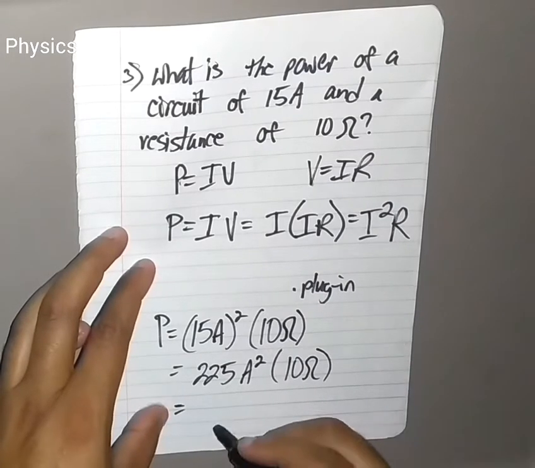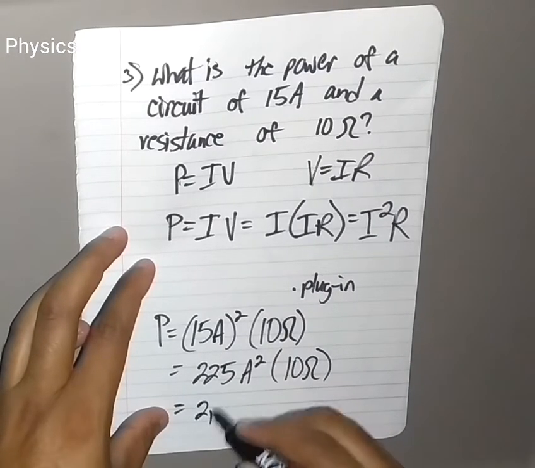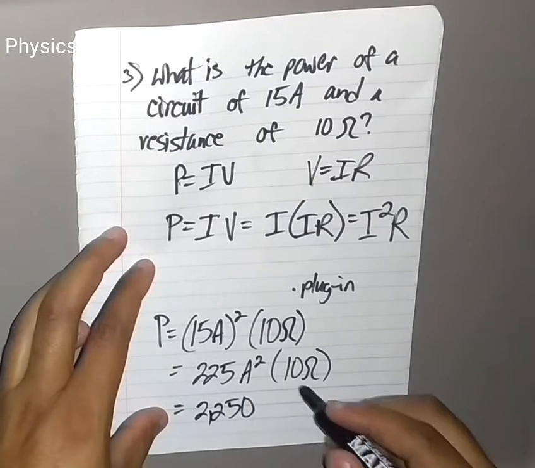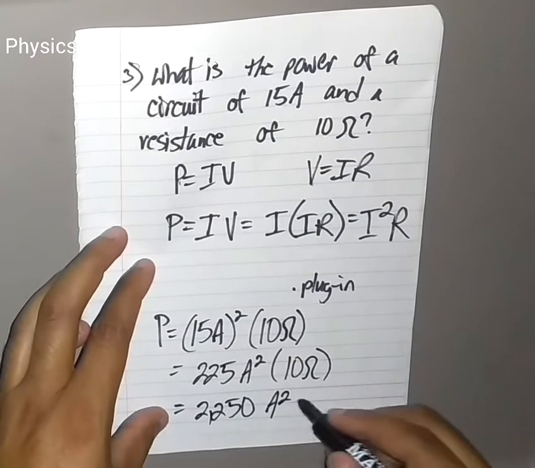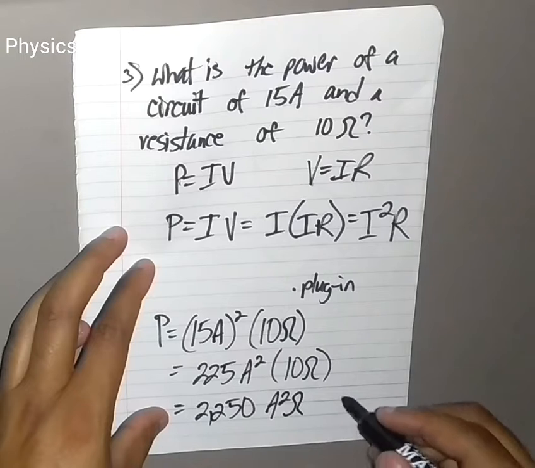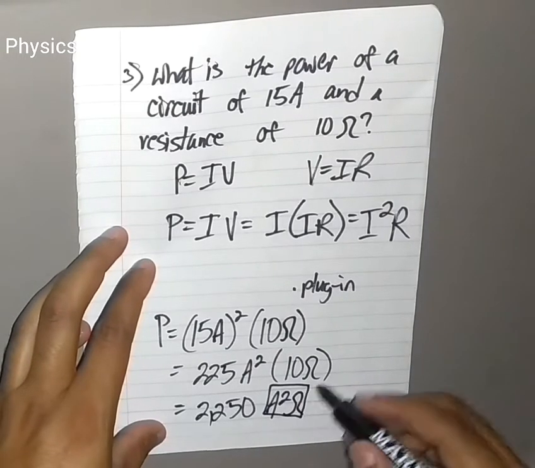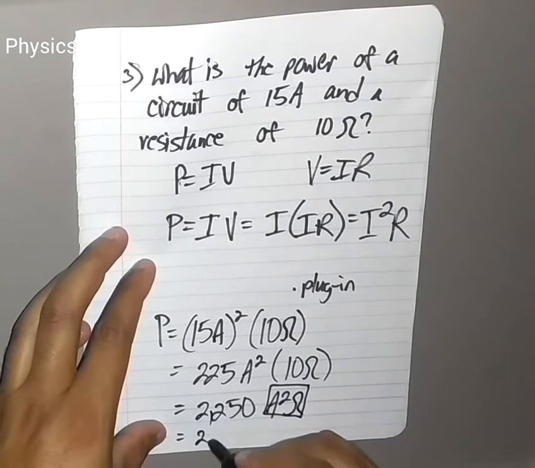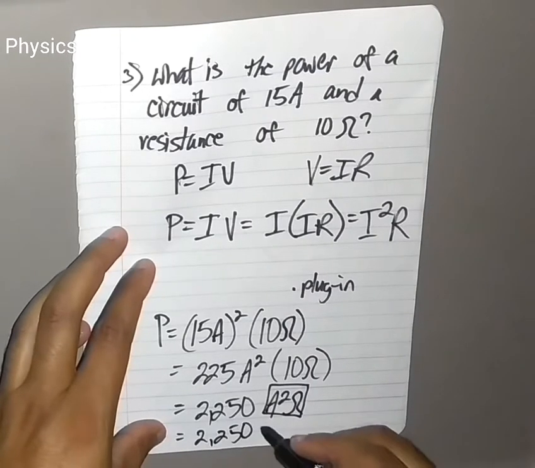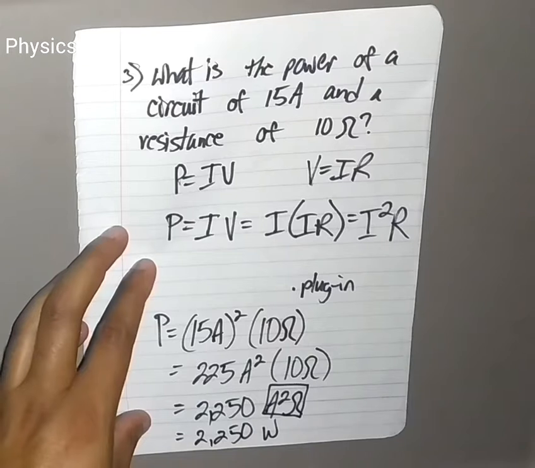Then we simplify this and we get 2,250 amps squared ohms, which this unit is the same thing as watts. And there's our answer.